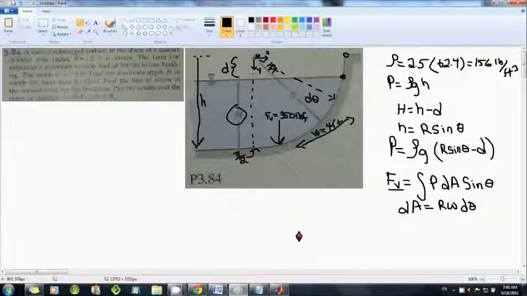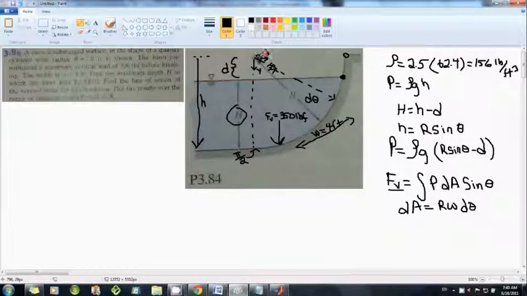We do need one more piece of information. Since we're starting from here, we're going to need to capture this angle. I'll call it some arbitrary name. I'll call it phi.